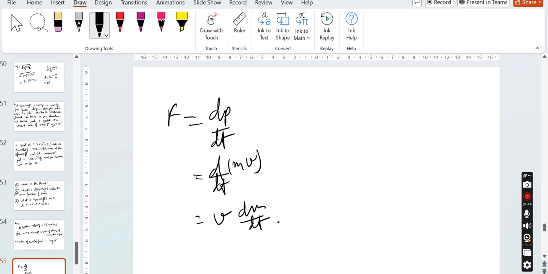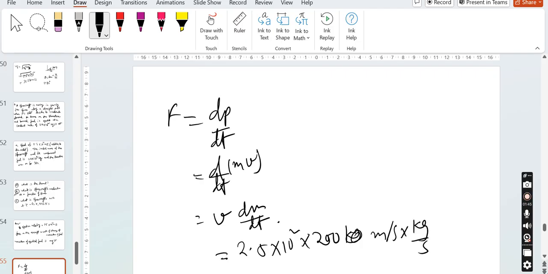Here we know dm by dt is 200 kg per second. So this is basically meter per second into kg per second, so basically 5 into 10 to the power 4 Newton. Thrust on the spacecraft.